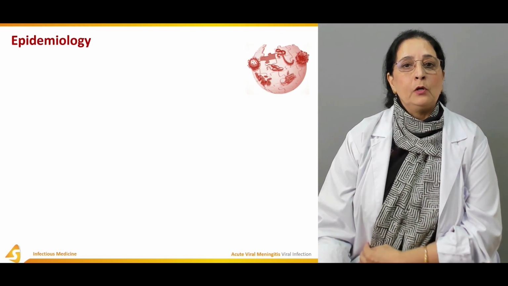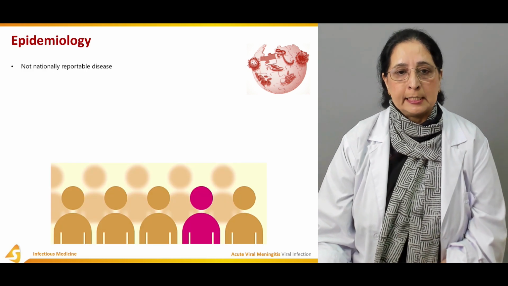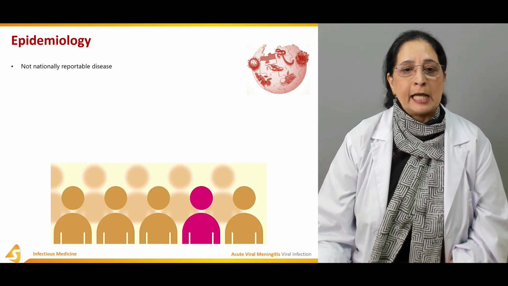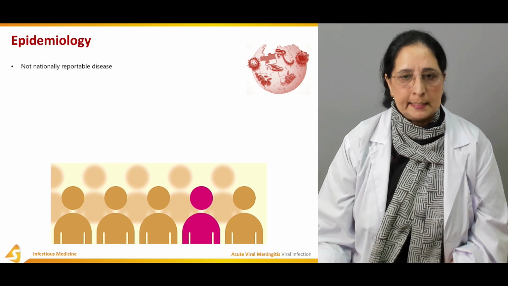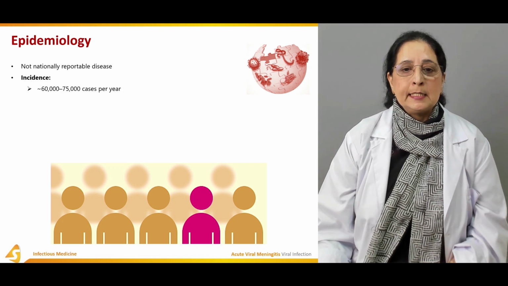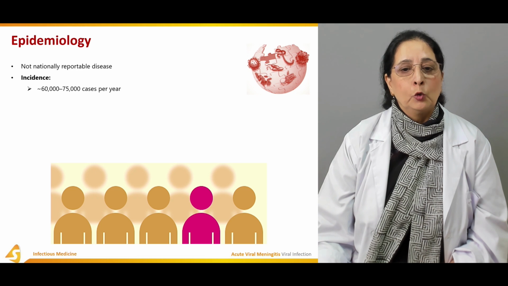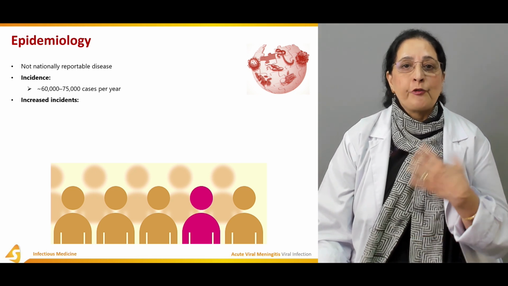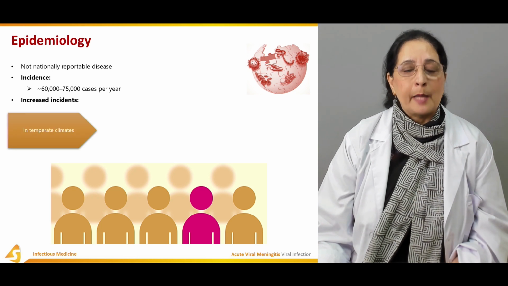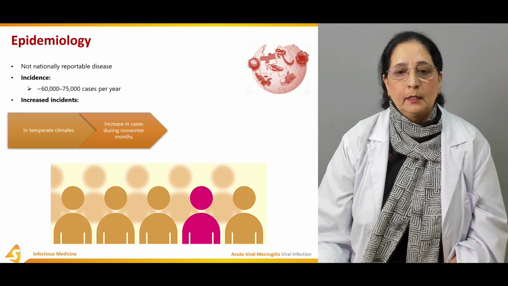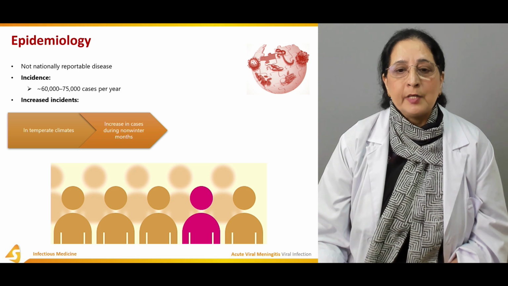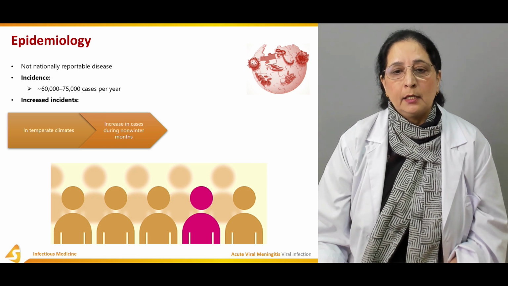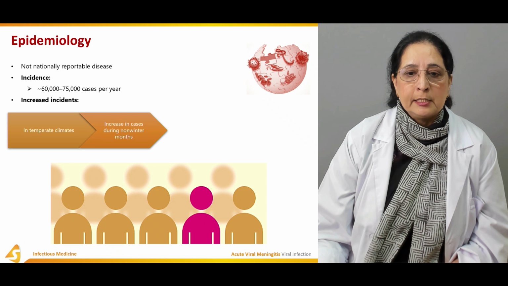Next, epidemiology of viral meningitis. It is not a nationally reportable disease. Incidence is 60,000 to 75,000 cases annually. Increased incidence in temperate climates. Cases increase during the summer months.